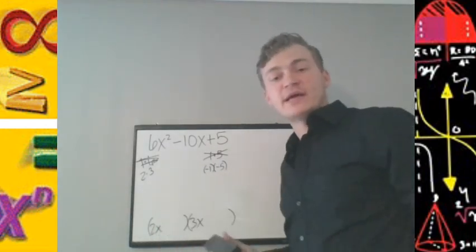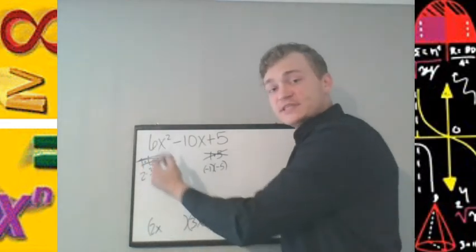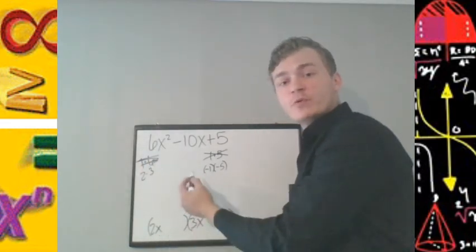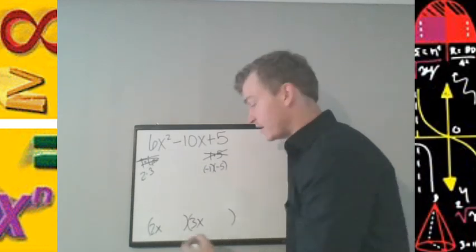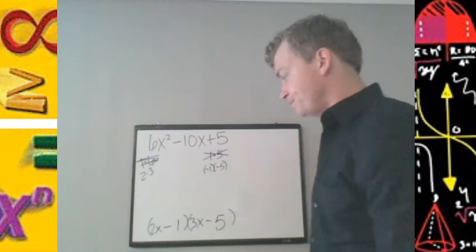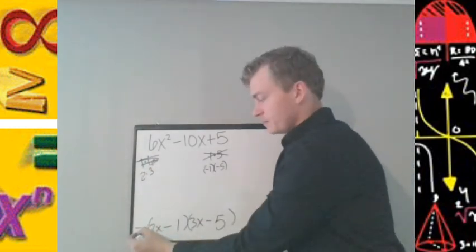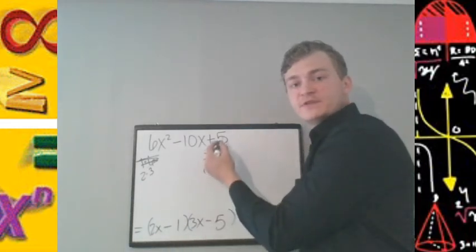Now let's try the 2x and the 3x. Let's see if that's the case, because 2x times 3x gives us the 6x squared. Let's see how they work with our factors minus 1 and minus 5. 2x times 3x is 6x squared. Negative 1 times negative 5 is positive 5.